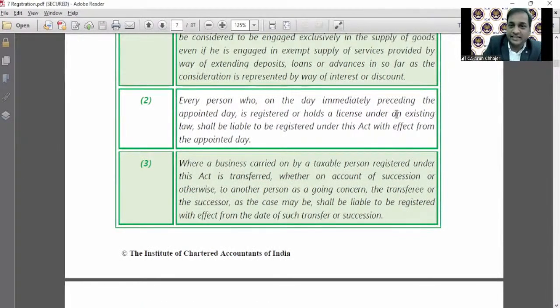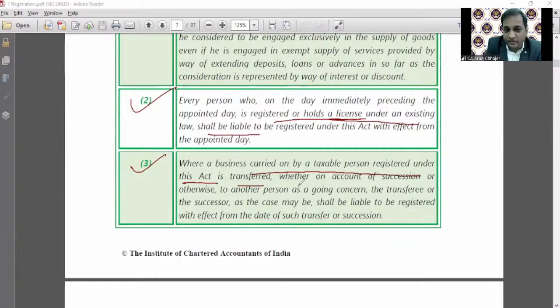If I am registered in the pre-GST era, or hold any license under an existing law, like being registered in CST or VAT, I need to take registration compulsorily in GST. Where the business carried on by a taxable person registered under this Act is transferred, whether on account of succession or otherwise. What does otherwise mean?